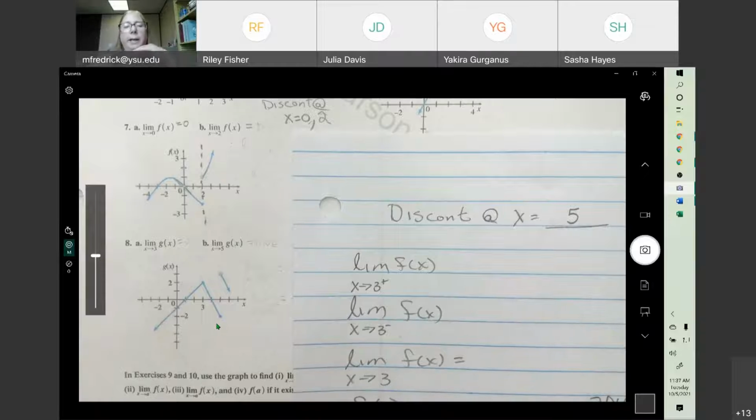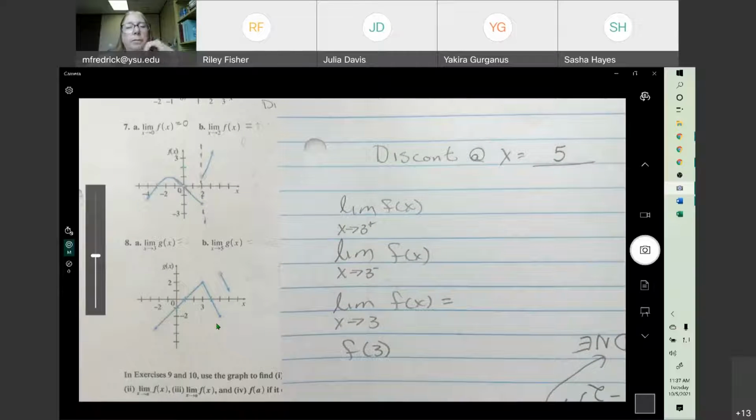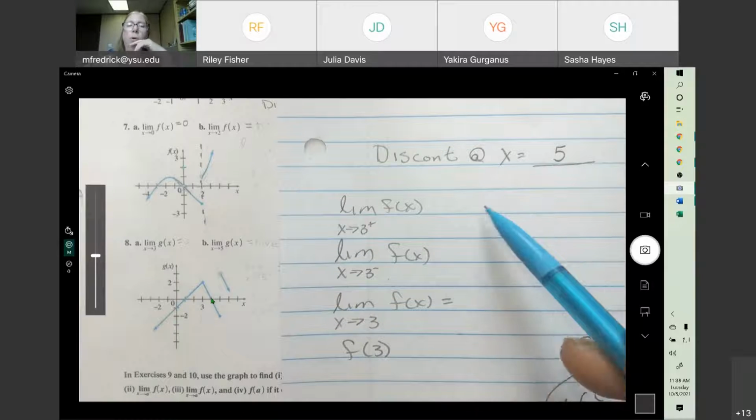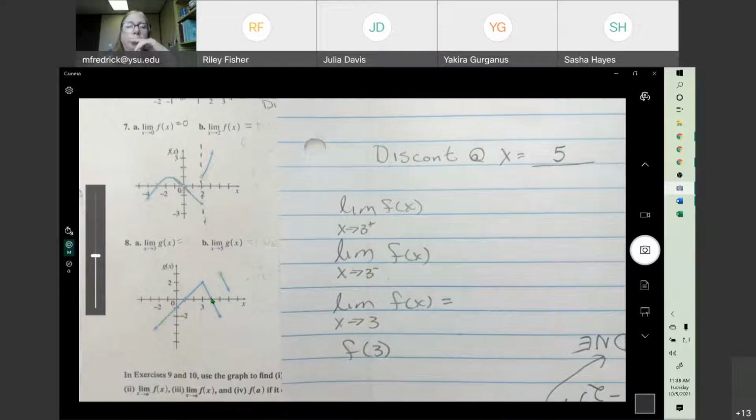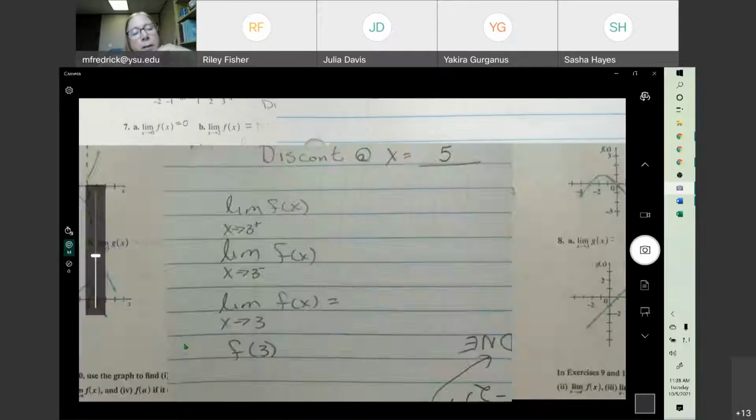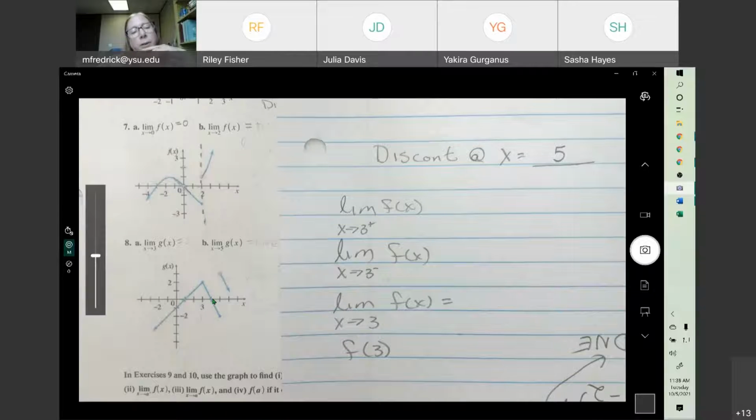So if you're looking at a solid point where it's colored in and continuous, these will all be the same. Now, if there's an open circle like this one, then 1 or 2 might be different, or here. But if it's a solid line, then these will all be the same.